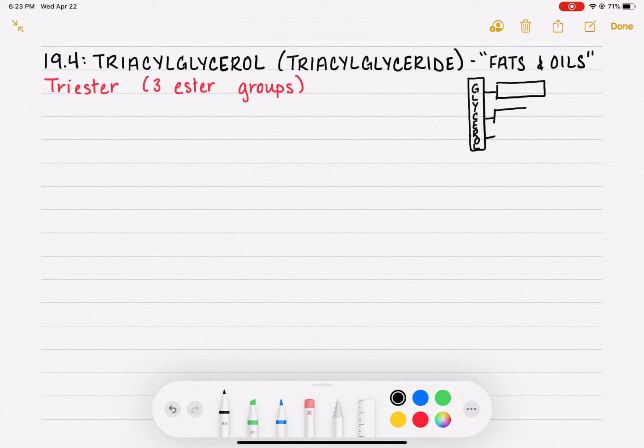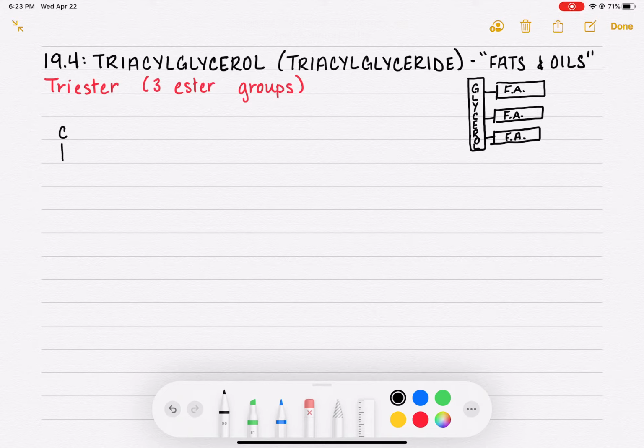And then hanging off of the glycerol, we had three fatty acid molecules. So this is the cartoon representation of a triacylglycerol. The triacylglycerol molecule is made by literally reacting and combining a glycerol molecule with three fatty acids.